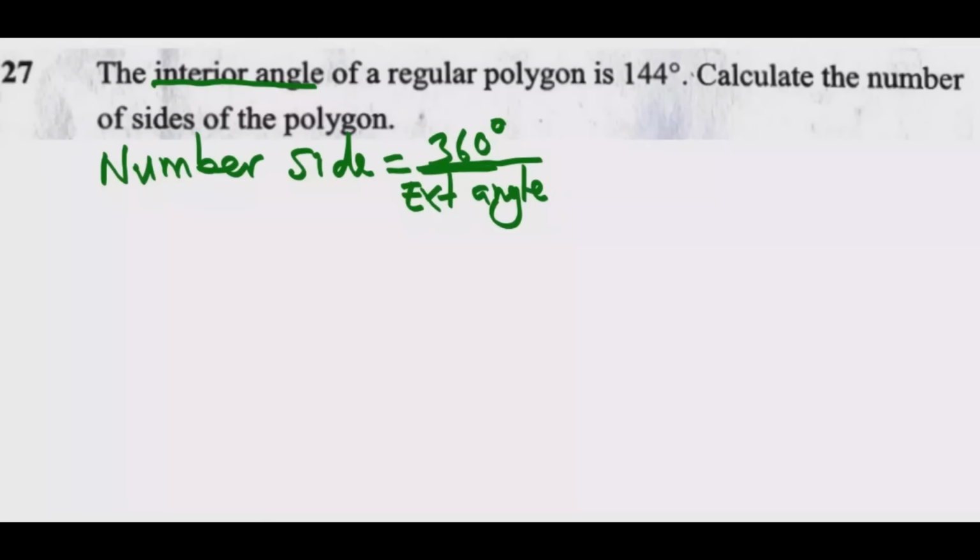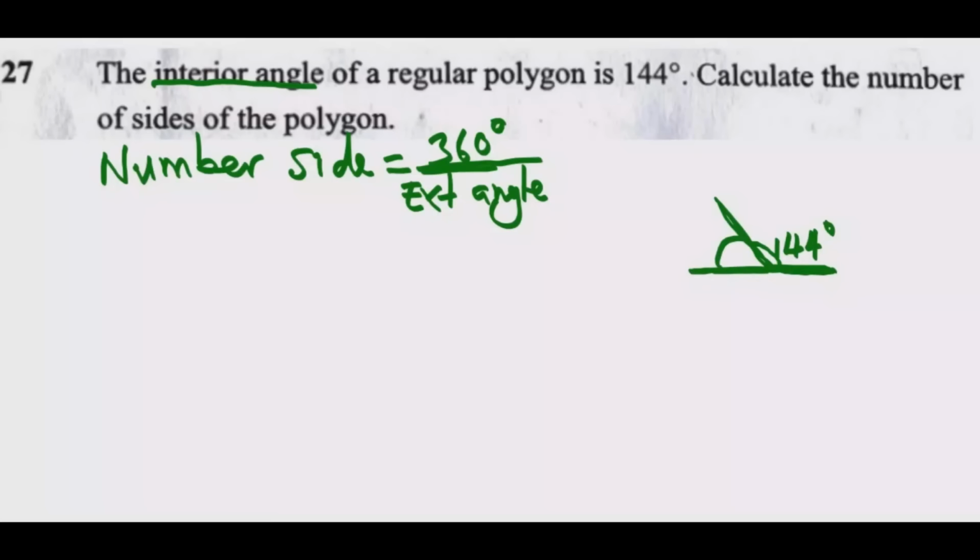Okay, let's presume this is the polygon and this is one corner. If we are told the interior angle is equal to 144 degrees, this is the angle of this, then when this line is extended, it forms a straight line, isn't it? So meaning there is an angle here.